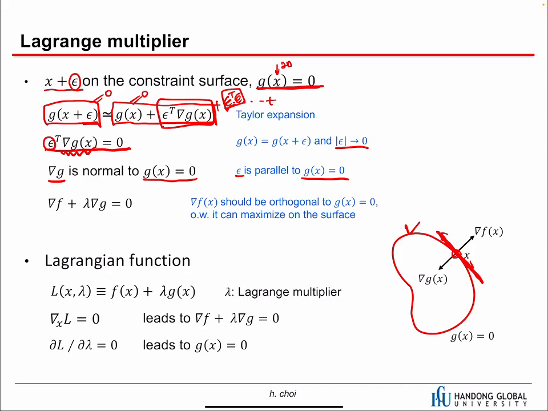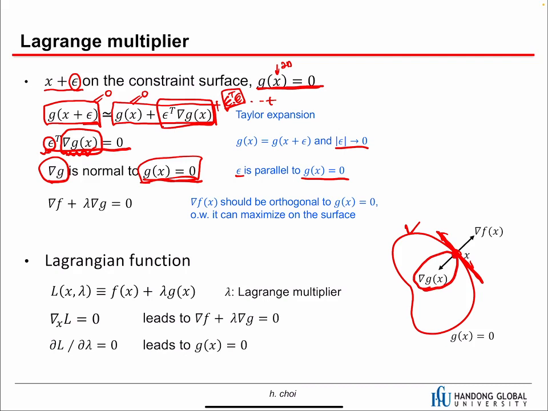When the inner product between two vectors is 0, then the two vectors are orthogonal. So epsilon is orthogonal to the gradient of g, and epsilon is parallel to this surface, then the gradient of g should be orthogonal to this surface. So now we got this direction: gradient of g is orthogonal to this surface.